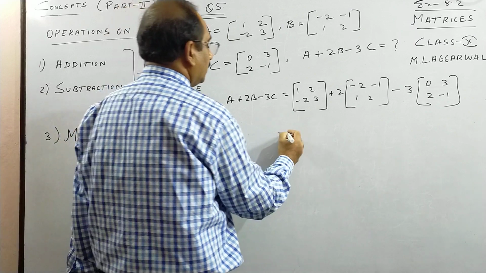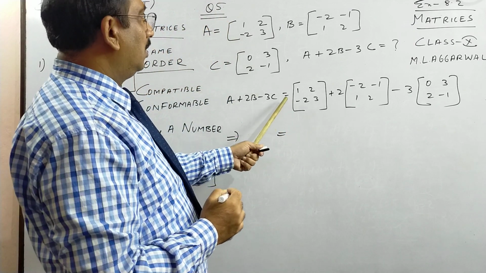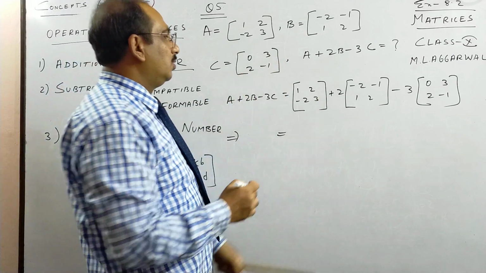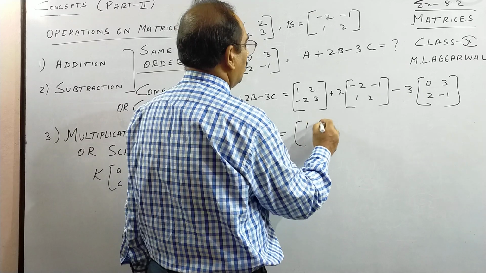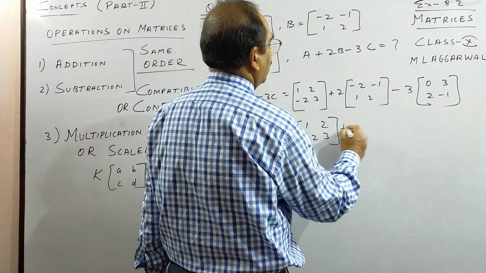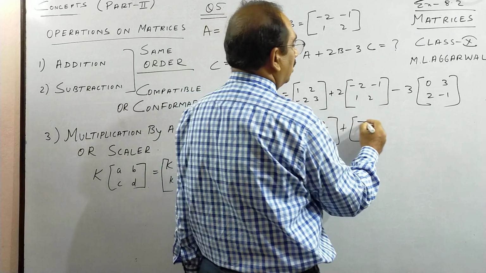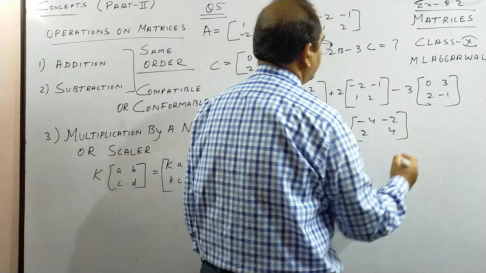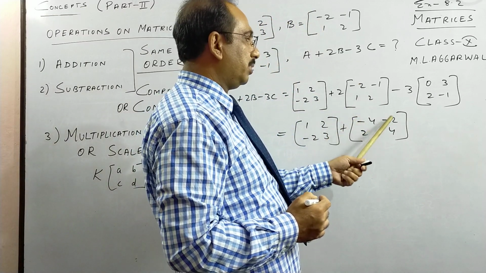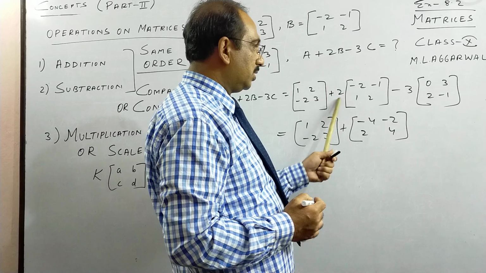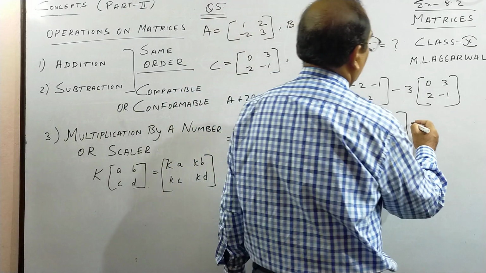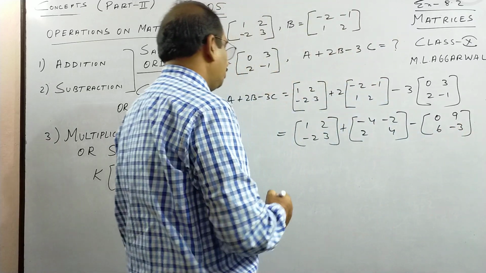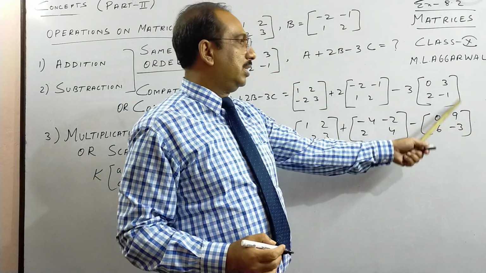So here we have twice B minus thrice C. You can check each element, children, because even a small mistake anywhere matters. So we multiply each term by 2. See here, minus 2 becomes minus 4, minus 1 becomes minus 2, 2 ones are 2, 1 becomes 2 and 2 becomes 4. Similarly here, each term is multiplied by 3.